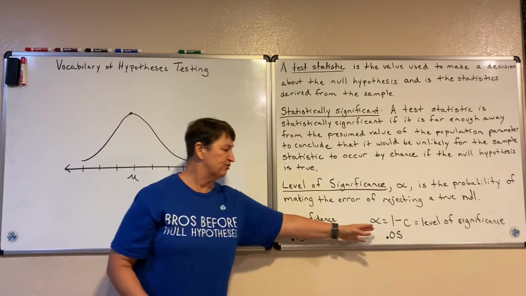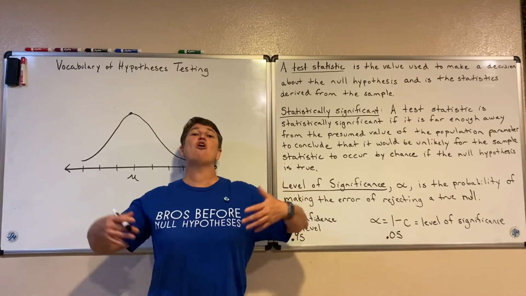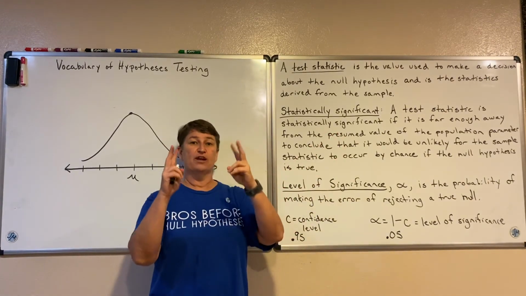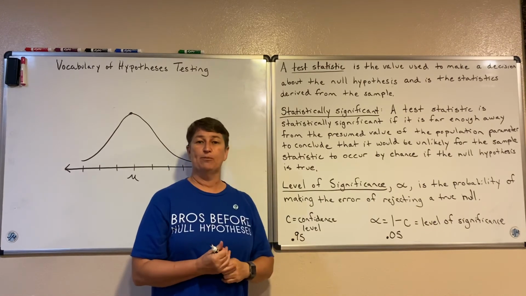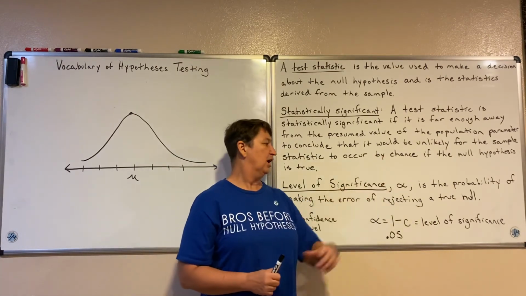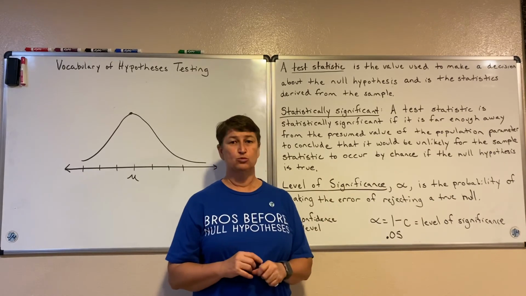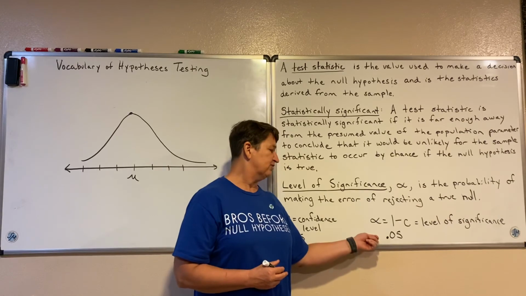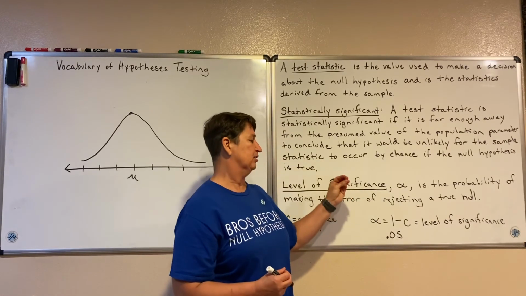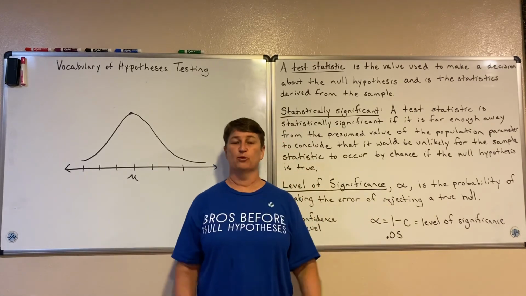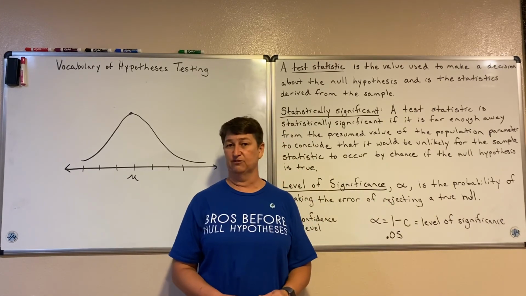So my level of significance tells me how far out that has to be, for that probability to be, ooh, that's weird. There's something weird going on. So the level of significance is what we'll look at when we're doing a hypothesis test, and that'll help us determine whether or not it's statistically significant.